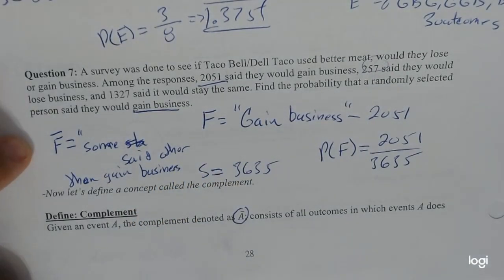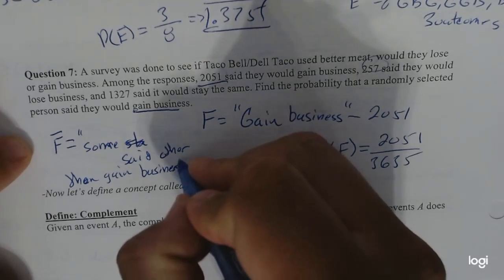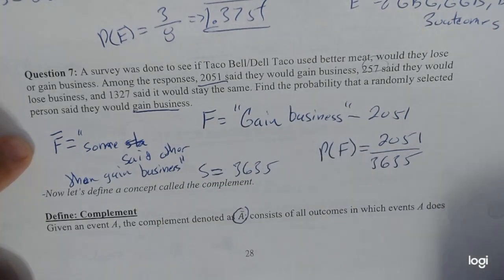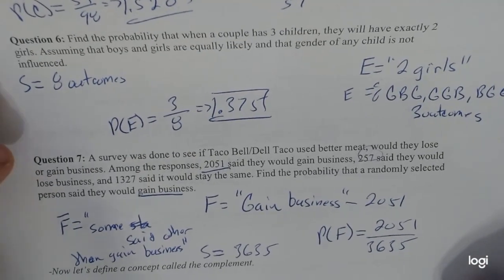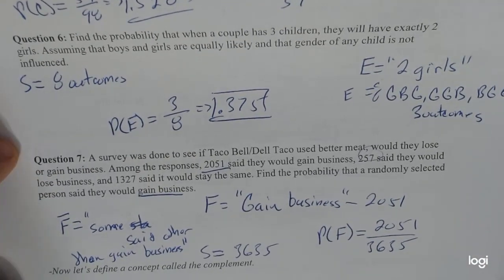It's just someone that didn't say gain business. It's just the opposite. I don't care if they said they would lose money or stay the same, as long as they did not say gain business. So they're the complete opposites of each other. Same thing applies here: instead of having two girls, you only have one girl. It's the complete opposite.